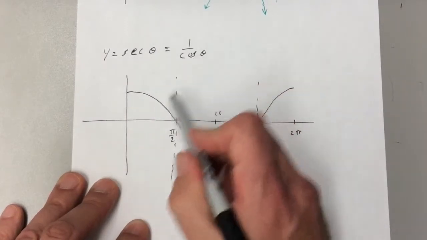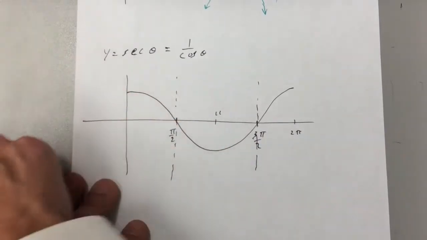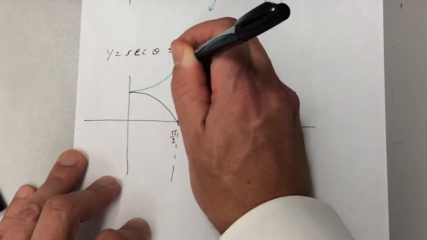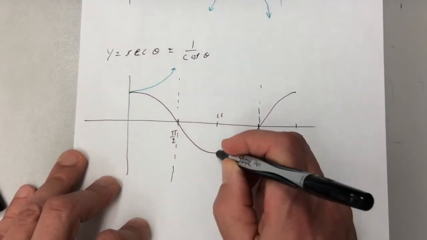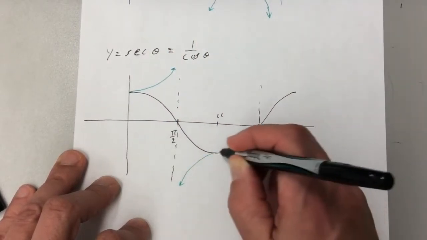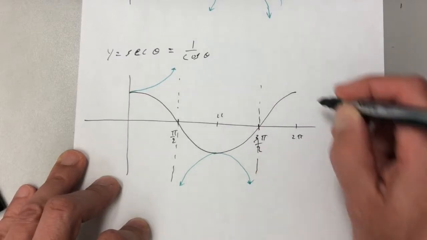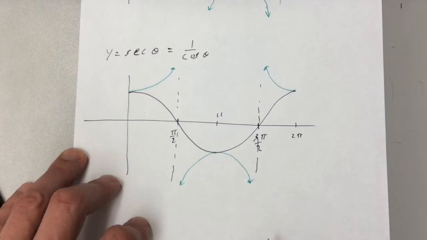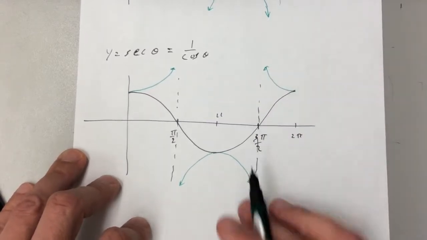Wherever cosine was 0, we're going to have vertical asymptotes for secant. And then this just becomes like this, that, and that. Okay? So the green one here is secant theta.